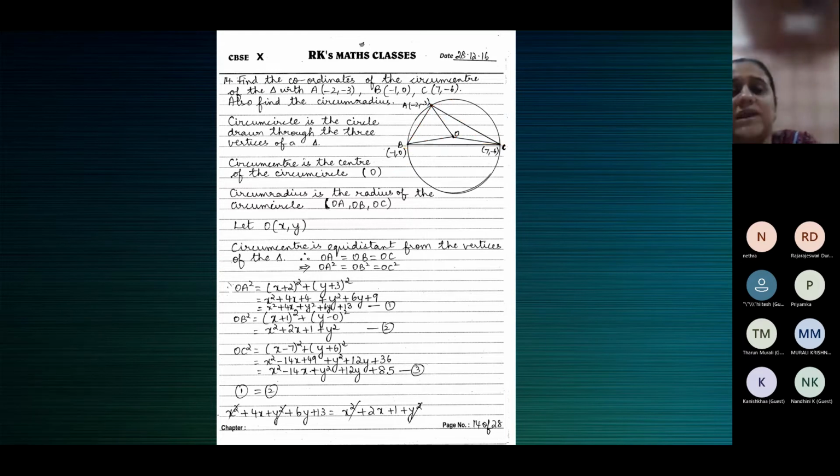Now, like in an equilateral triangle, all the three sides are equal. Here, we can see three circumradii, OA, OB, and OC. All three are equal because they are the radius of the same circle.